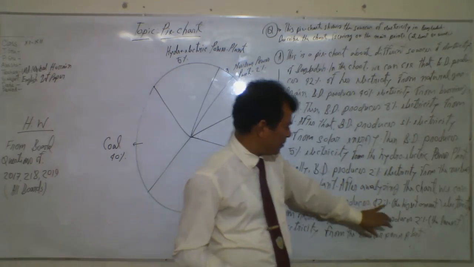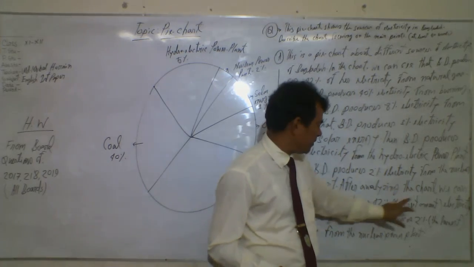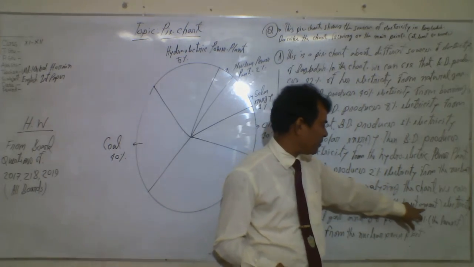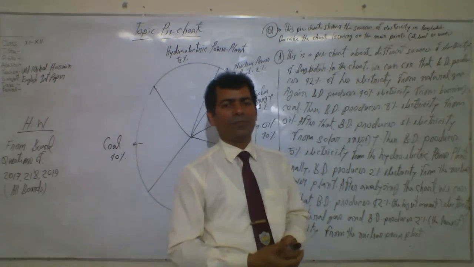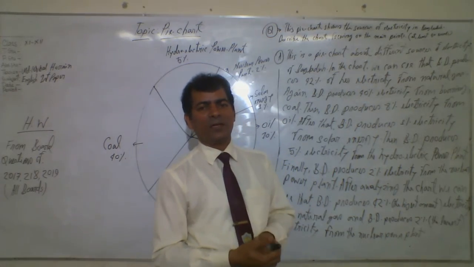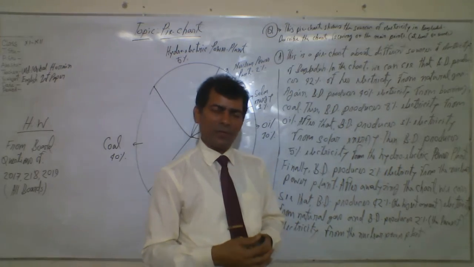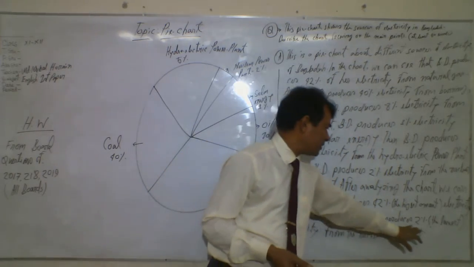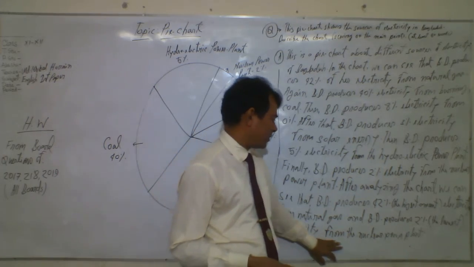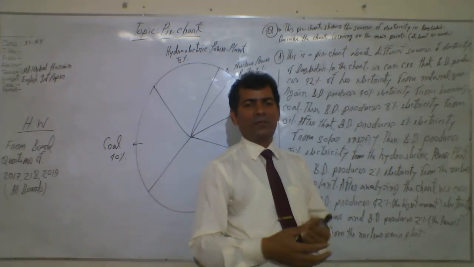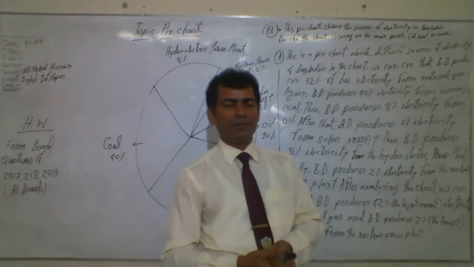Due to lack of space, I have written here within the bracket the highest amount. You can write, Bangladesh produces the highest amount of electricity from natural gas, and it is 42%. And Bangladesh produces 2% of electricity from the nuclear power plant, and it is the lowest amount of electricity.